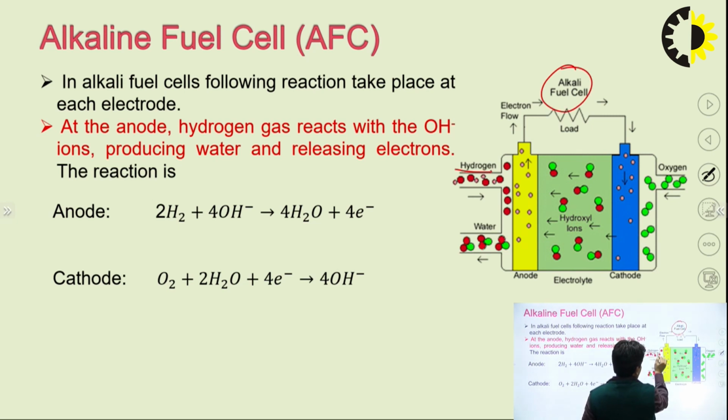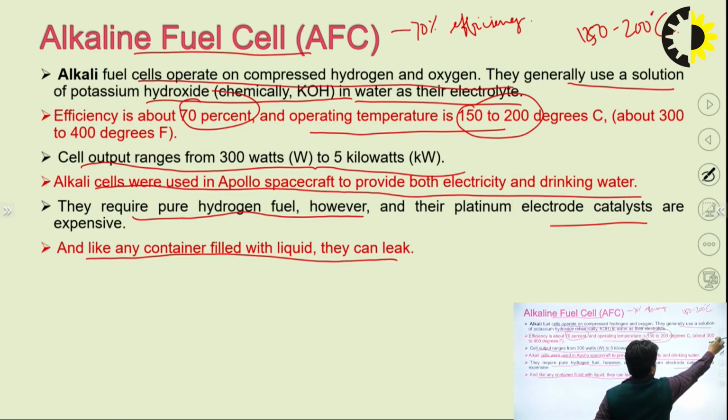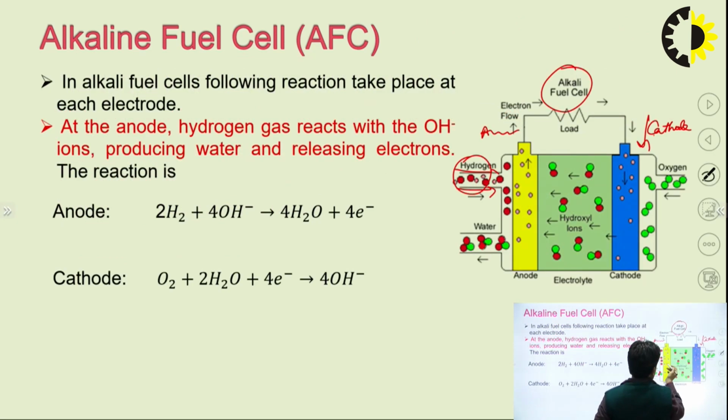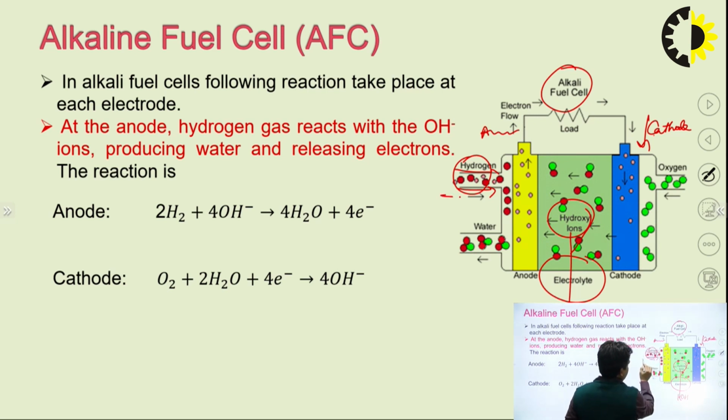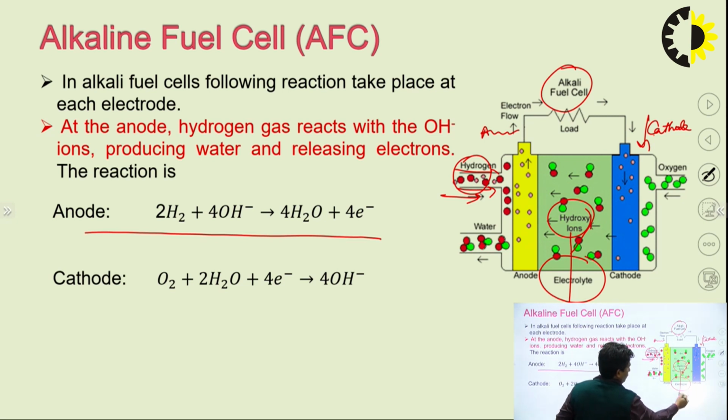There is the anode side with hydrogen, the cathode with oxygen, and the electrolyte, which contains hydroxyl ions from KOH. Hydrogen reacts with 4 hydroxyl ions through the electrolyte.